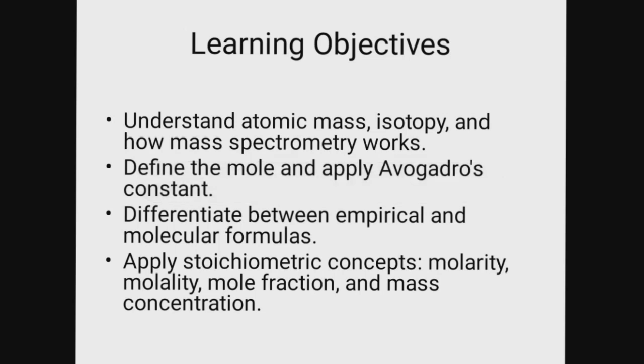So without wasting our time, our first topic today is atomic mass. They say that atomic mass is the weighted average mass of an atom based on isotope. Atomic mass is the average mass of an atom.